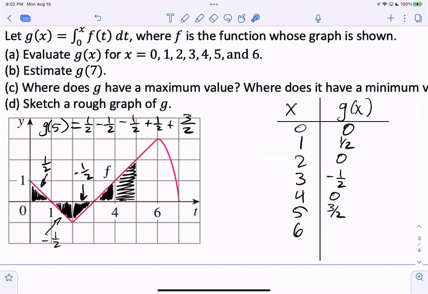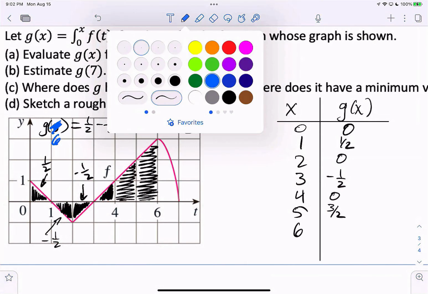For g of 6, all of that is still there, so I can just change this to g of 6. We are now going to add 2.5 to what we had already, and 5/2 plus 3/2 is 4.